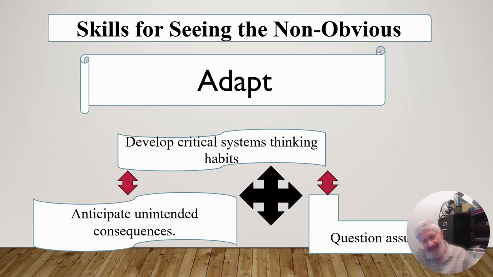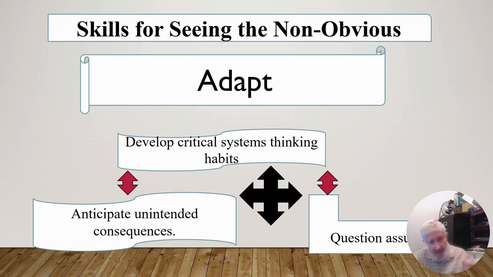You kind of need to suspend your beliefs for a second, especially when you first learn it, and adapt to the understanding that to develop critical thinking or critical systems thinking habits, you need to anticipate unintended consequences, being able to do that, and question assumptions. A lot of times, we don't do that in linear thinking.